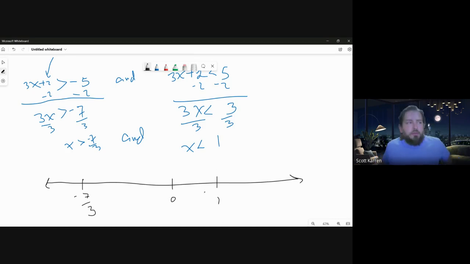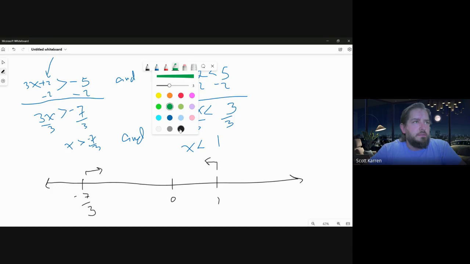Apologize. But I'm in between these two, right? I have to be greater than negative 7/3, which is the values to the right of it, but I also have to be less than positive 1, which is the values to the left of it. I'm going to shade those in.